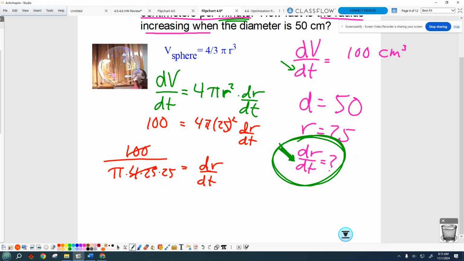It looks like radius is changing 1/25 pi. What are the units? What, Amelia? Radius is changing seconds? Centimeters per second.